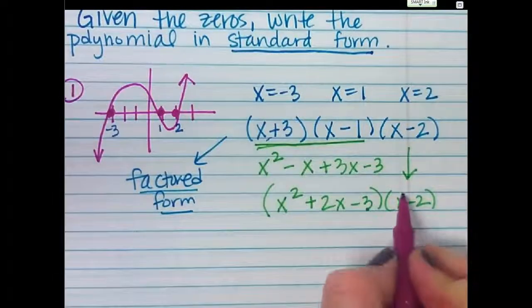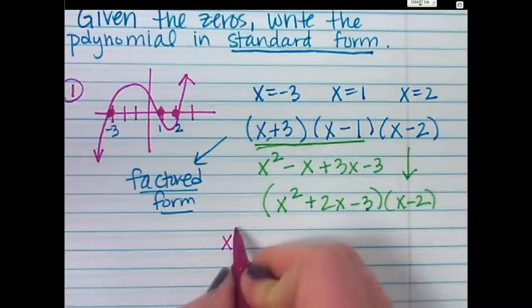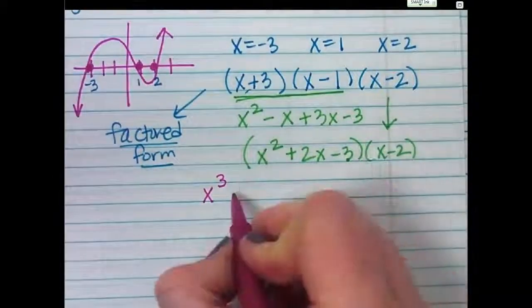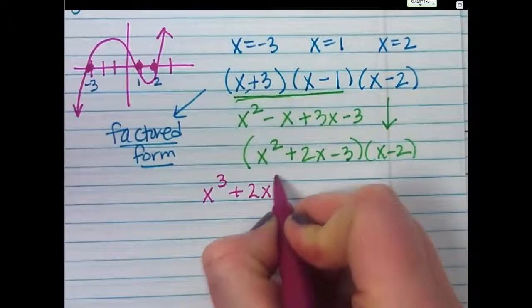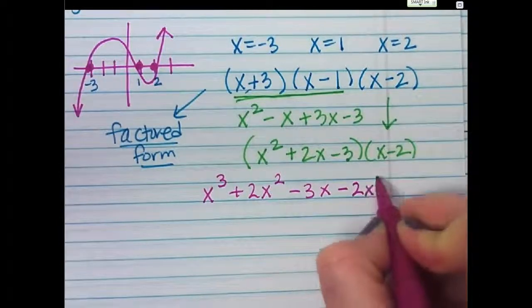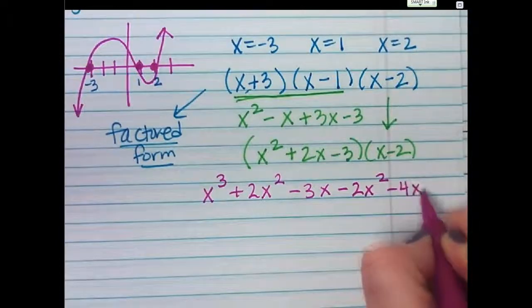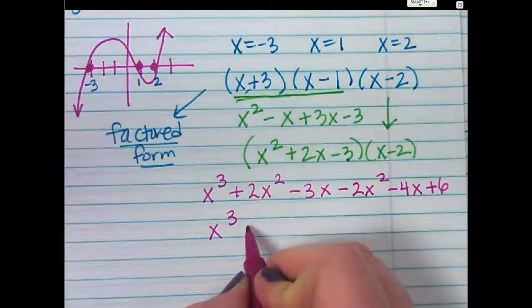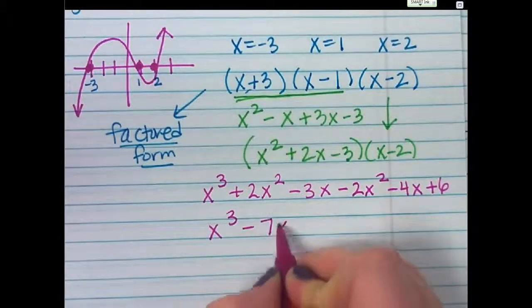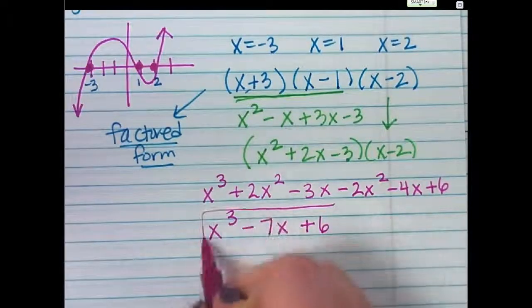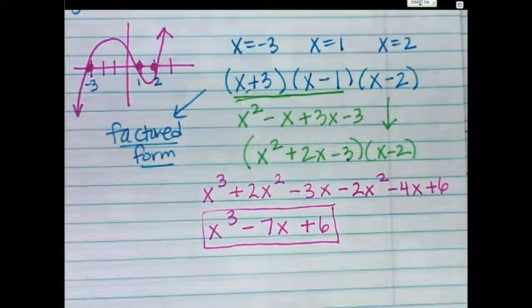So I'm going to go from the x to here. So as long as you get the same answer, it should be fine. x cubed minus 7x.